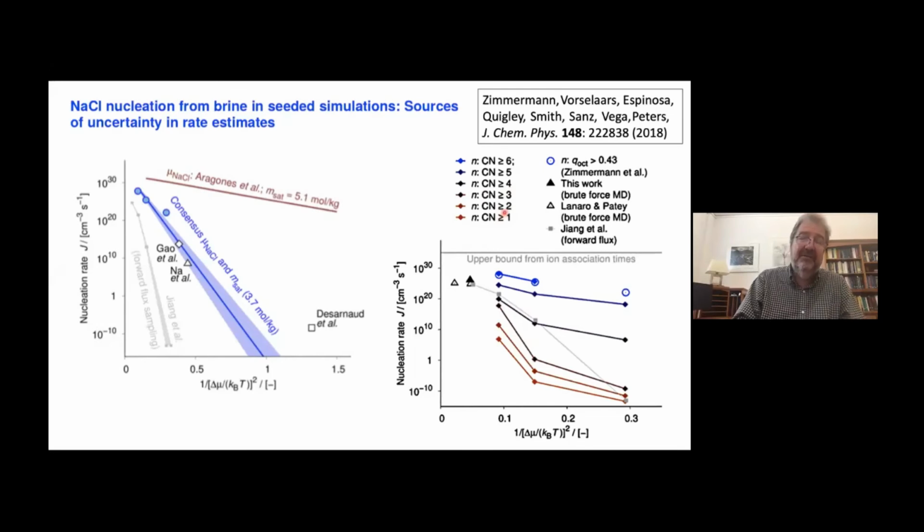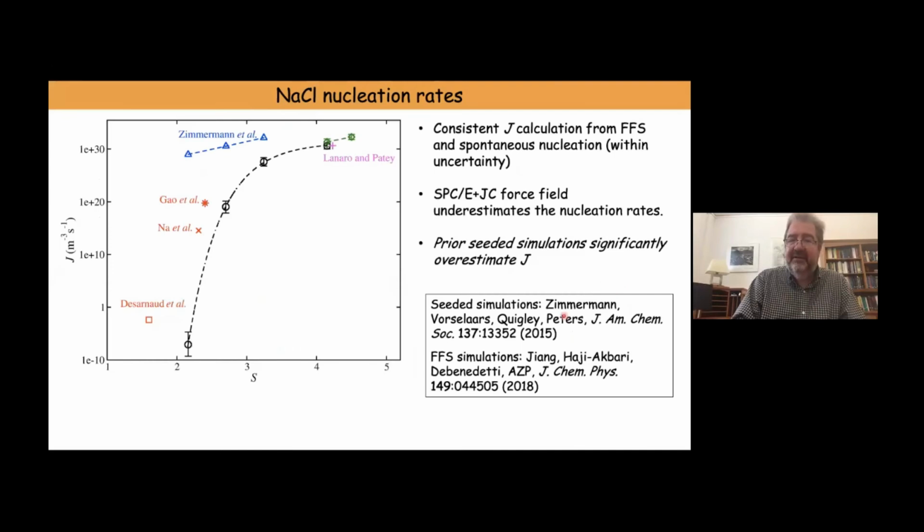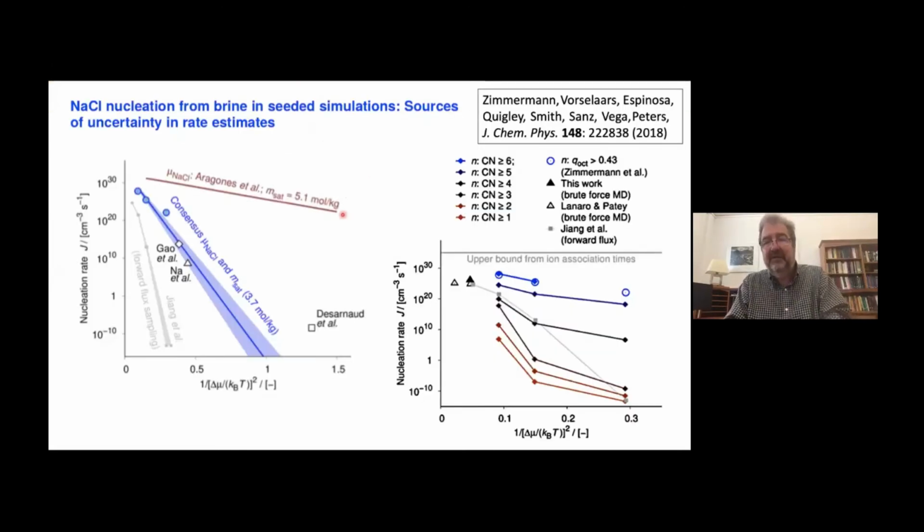It also suffers from not knowing, when these calculations were done originally, the solubility of this model of salt in water. By using the wrong value of the solubility, 5.1, they got a very different value for the nucleation rate, because it enters in an exponential with a square, so you get very, very different results.